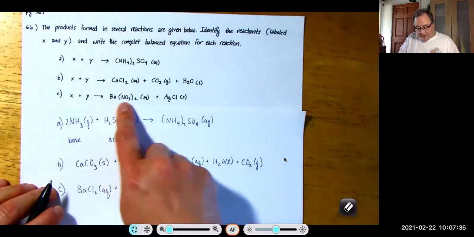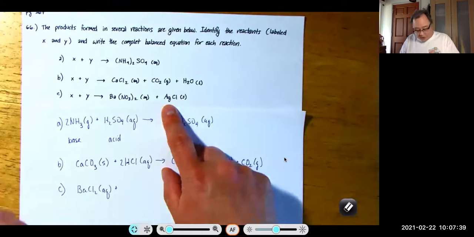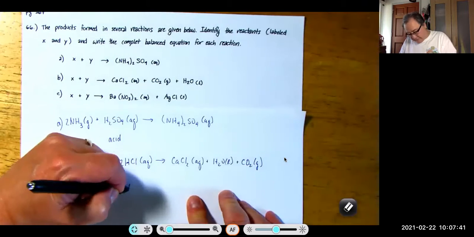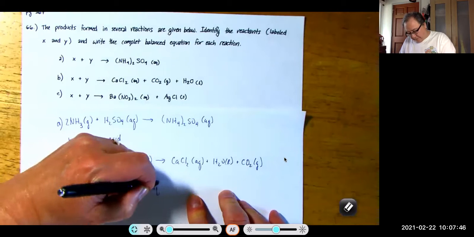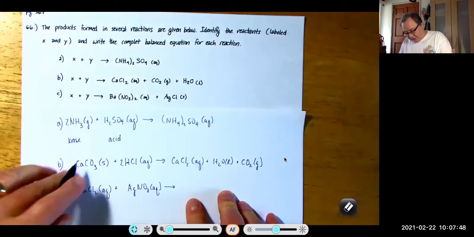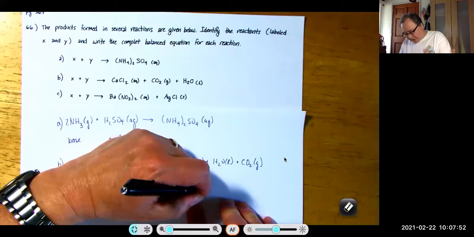And here, if I have a silver and a nitrate, I'm going to need 1 silver and 1 nitrate. And I'm going to make these 2 products. So after I write this down, I'm going to give you a chance to check it out.